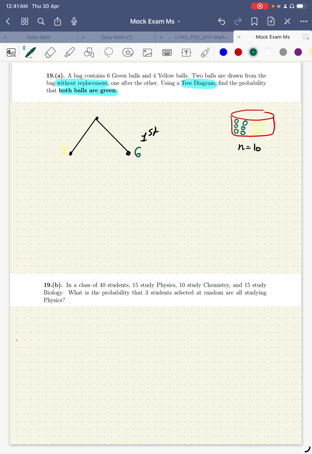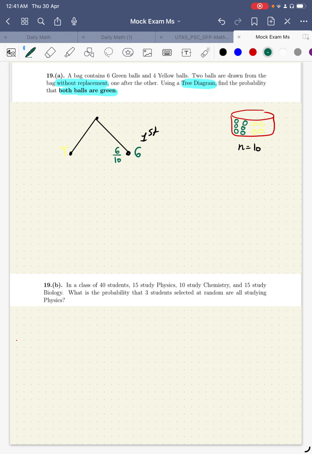So now let's think about the probabilities. Remember, the probability is the number of desired outcomes divided by the total number of outcomes. So how many green balls do I have? 6. So the probability of picking a green ball is 6/10. لأن عندي 6 في الشنطة والعدد الكلي للكرات هو 10 فالاحتمال إنه يطلع خضرة 6 على 10.